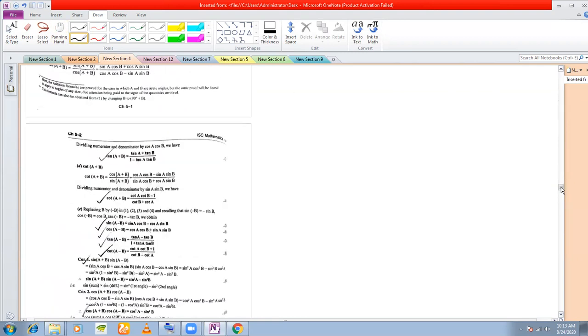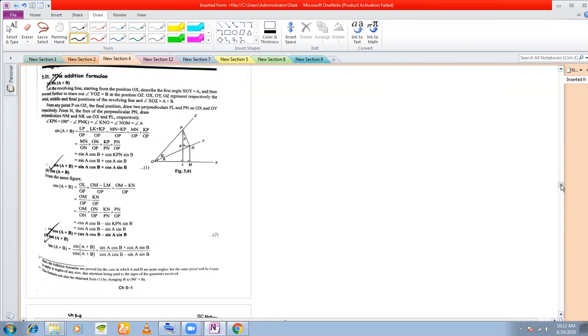The compound angles that you need to remember are these: sine A plus B is equal to sine A cos B plus cos A sine B. Note that when you have sine, this positive sign and this positive sign are the same.